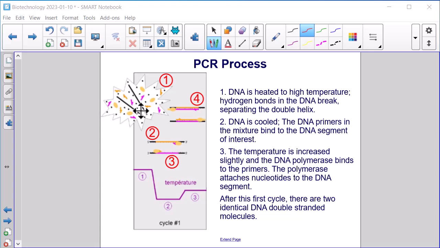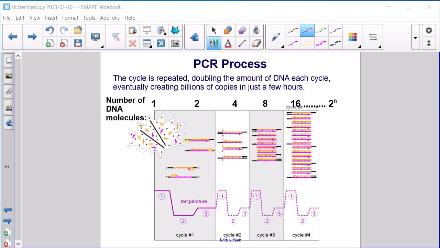Remember, what we're trying to do here is replicate very quickly these DNA segments over and over and over again. After this first cycle, there are 2 identical DNA double-stranded molecules, which you see up here at step 4. The cycle is repeated, doubling the amount of DNA each cycle, eventually creating billions of copies in just a few hours.